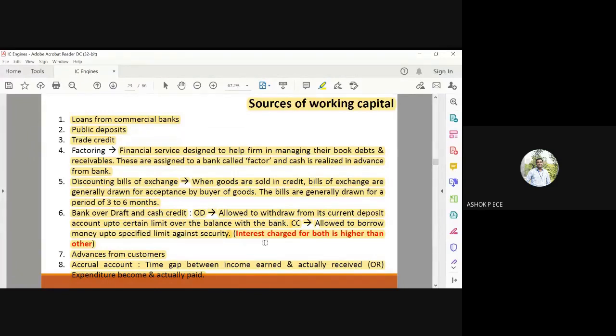That comes under accrual account: the time between income earned and actually received. If you sell the product and immediately receive the money, there is no gap. If not, it is how much time passes before you get the money. That is called the accrual account. It becomes an expenditure and it has to be actually paid. So these are the different sources of working capital.